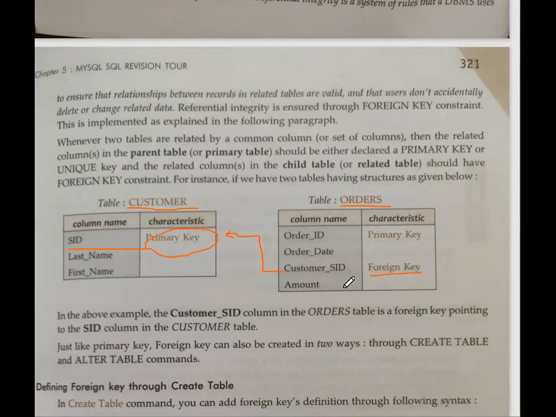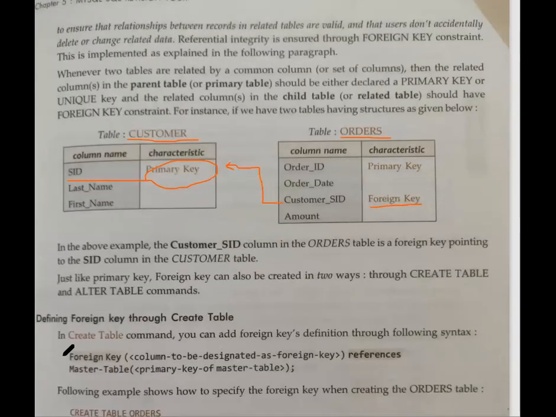Now how are we going to make a foreign key? When we make a foreign key, this is the line you have to understand. First we write the command FOREIGN KEY, then in the bracket this column name. Then after that REFERENCES, this is again fixed, the spelling is fixed.